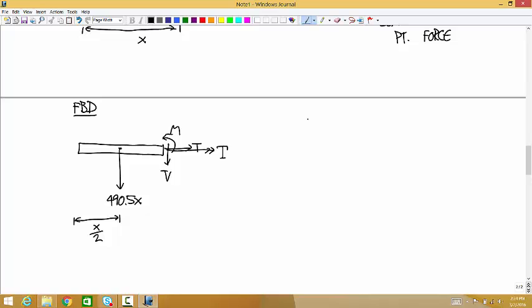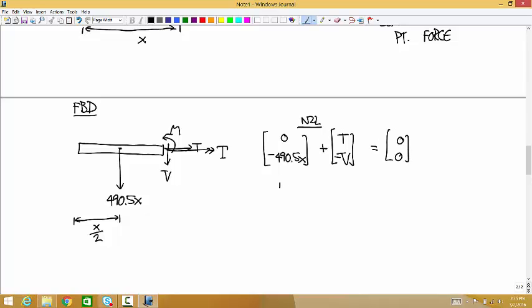And so Newton's second law says 0, negative 490.5x plus P, and negative V, I'll just combine those two vectors into one, is equal to 0.